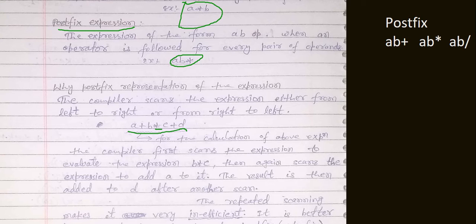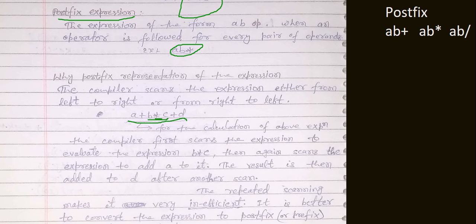Then we will calculate b into c first, and then we will check from the starting to the end position in the expression for the operator with precedence just lower than multiplication, and then we will calculate that.